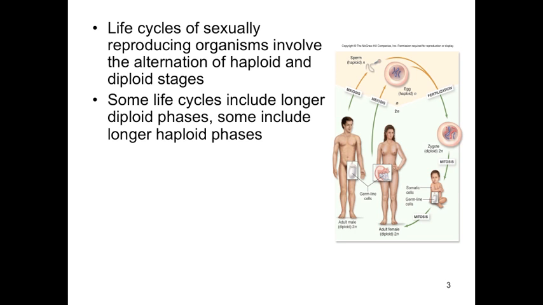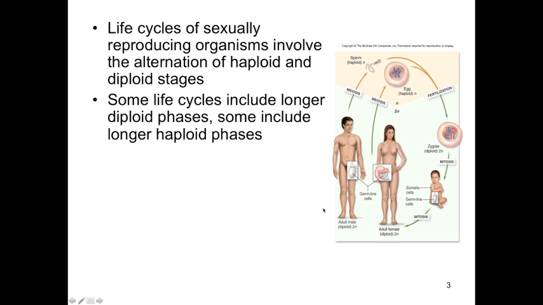Most life cycles have an alternation of generation. That is, we alternate between haploid and diploid stages. For us, we just explored the haploid sperm and egg stage, and they join together at fertilization to produce a diploid zygote, which will divide by mitosis trillions of times in order to form adult human beings.